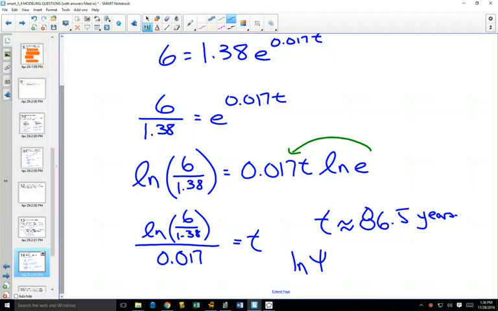In the year 2067 and a half. So sometime in the year 2067, the population should reach 6 million.